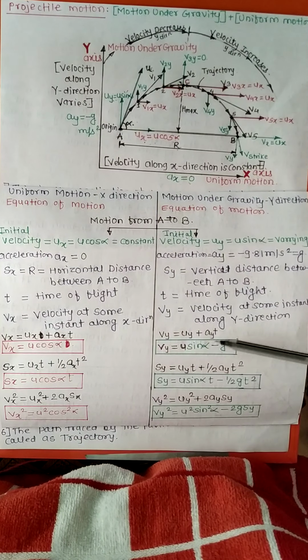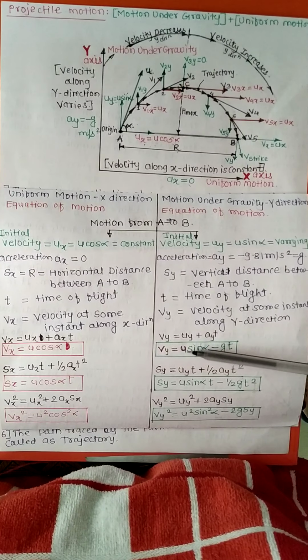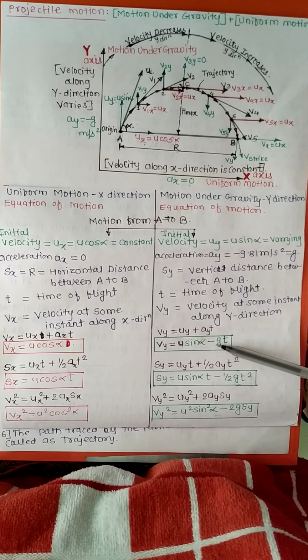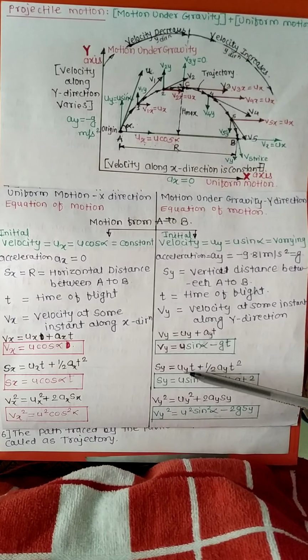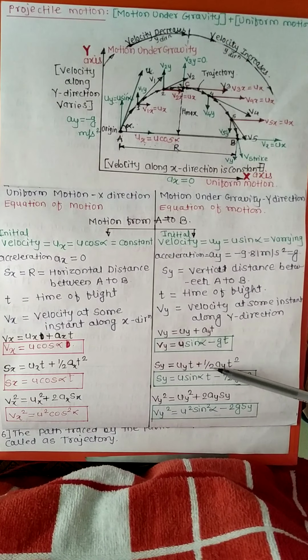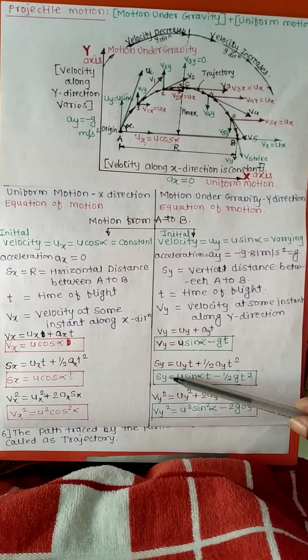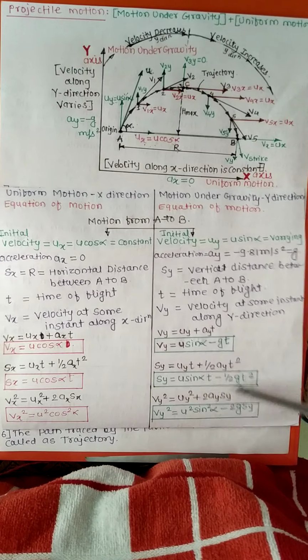Velocity equation, v equals u plus at along the y direction: Vy equals u sin alpha minus gt, where ay is substituted as minus g. The Sy equation, Sy equals ut plus half at square in the y direction: Sy equals u sin alpha into t minus half gt square.